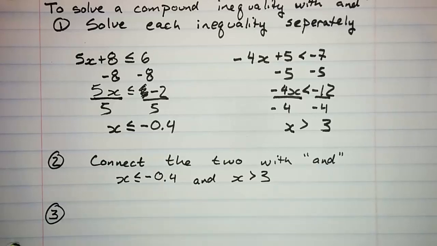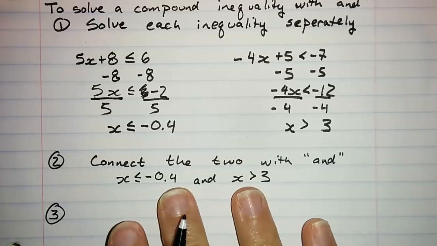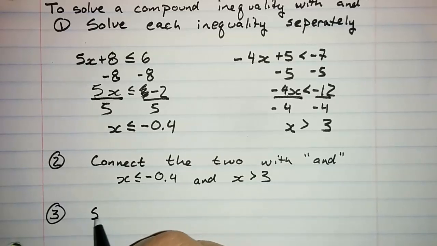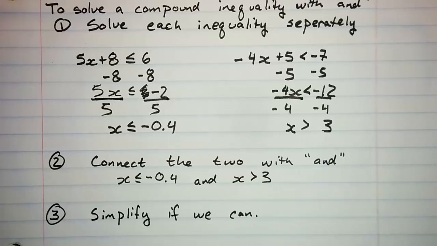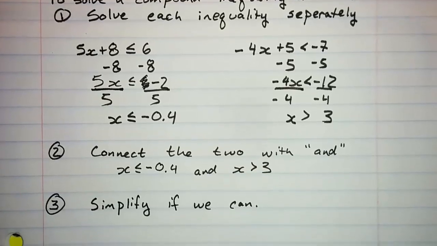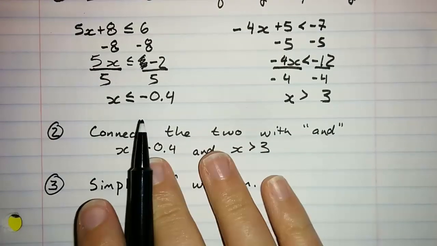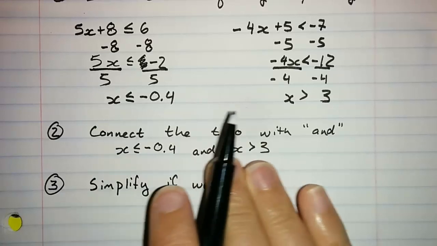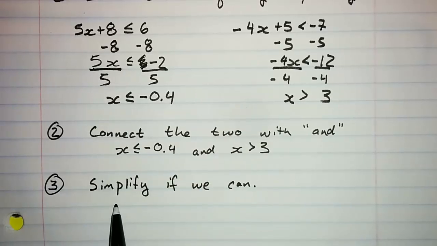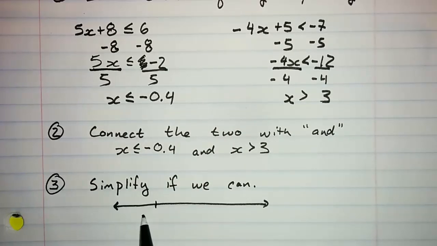Maybe the exact details of these two inequalities don't matter. We should simplify if we can. In this case, let's think about what it looks like if we graph this inequality and graph this inequality. So here's negative 0.4 and here's 3.